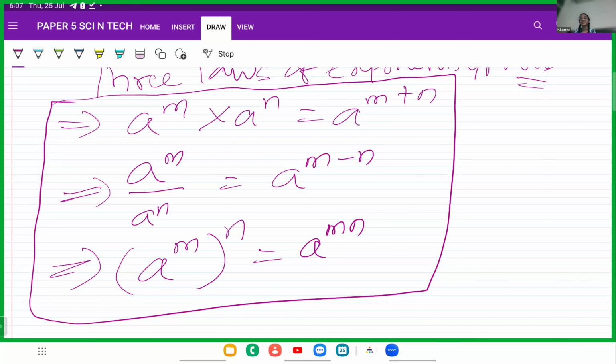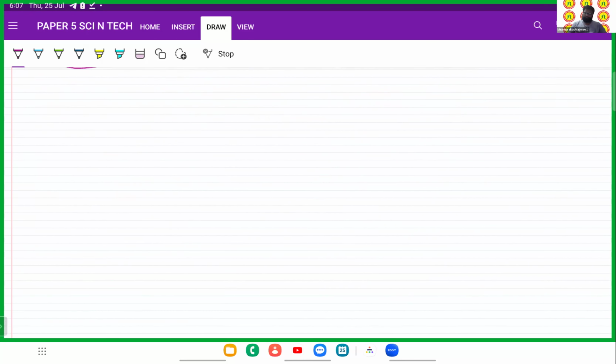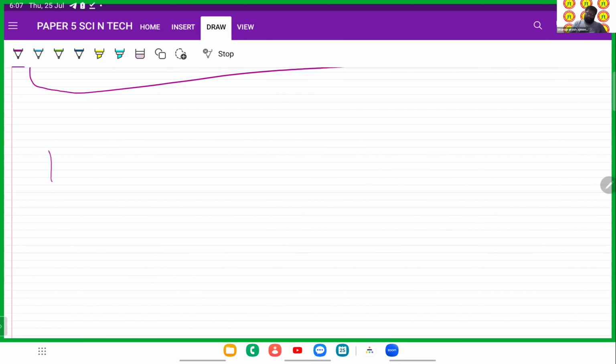Comparing quantities. Sir, can we finish the remaining of data handling? Okay. So no one wants the chapter exponents and powers.